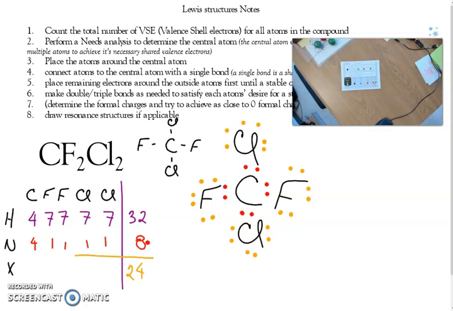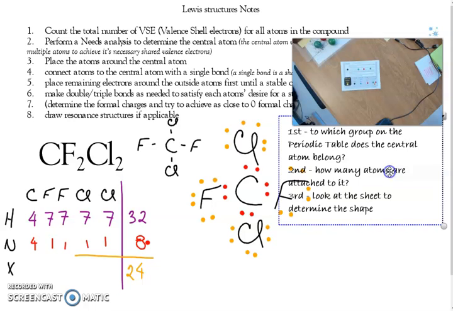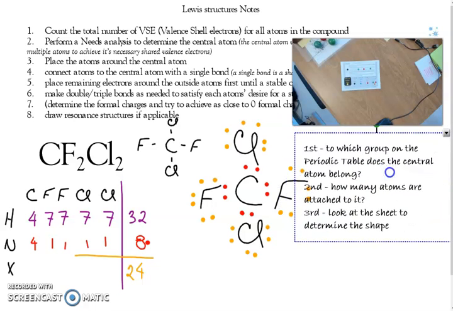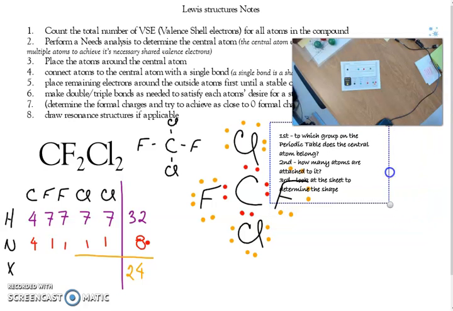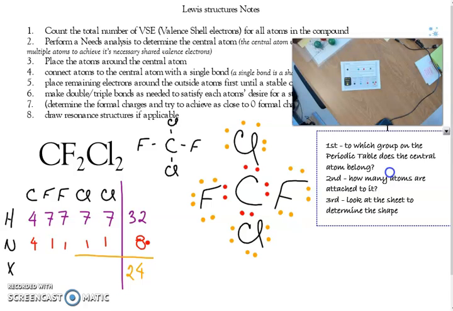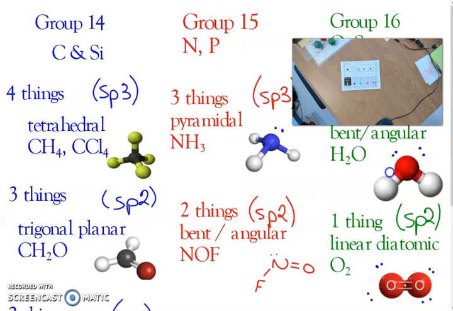We now ask, to which group on the periodic table does the central atom belong? Well, the central atom is carbon. Carbon is in group 14. This group 14 has 4 things attached to it. So we jump to the table, group 14 with 4 things attached.